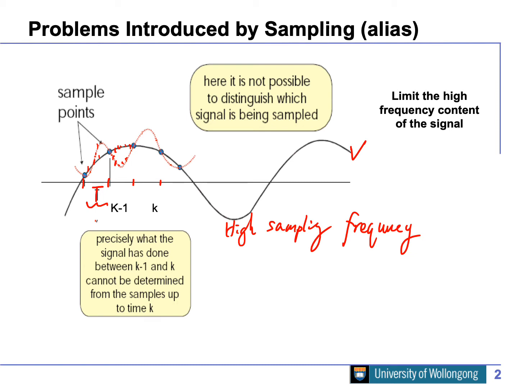When the sampling frequency is not high enough, multiple signals show up as the same sampled data.